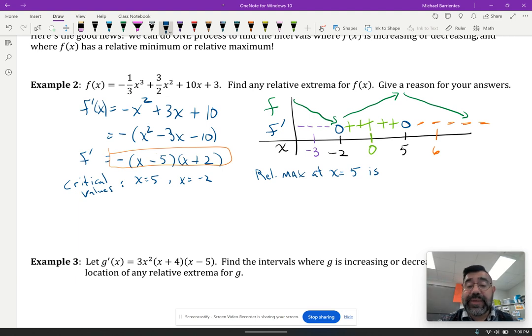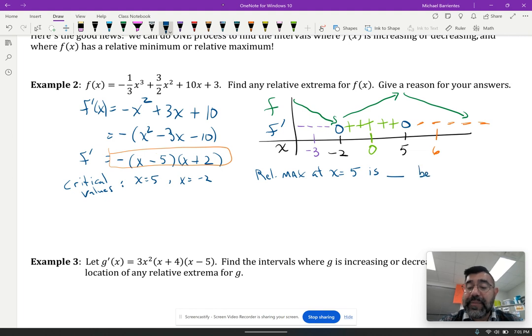What we can do is substitute the 5 into the original function, and then that's going to give us what that answer is, because that is the relative maximum value. That is the biggest function value, the highest y value, and it occurs at x equals 5. So I'm going to come back to that in a little bit, so I'm going to leave it blank. The relative max at x equals 5 is blank.